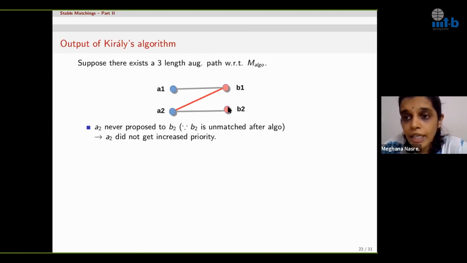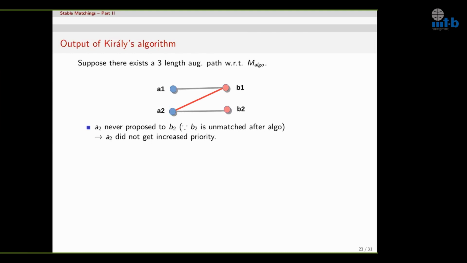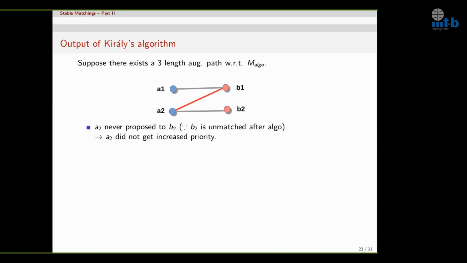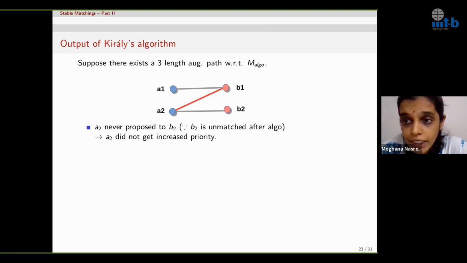In addition, A2 did not get increased priority. So how did I conclude this, that it did not get increased priority? Variation 2 would apply if it had increased priority. See, if somebody has gotten an increased priority, that person has proposed to everybody in the preference list in the first round, right?